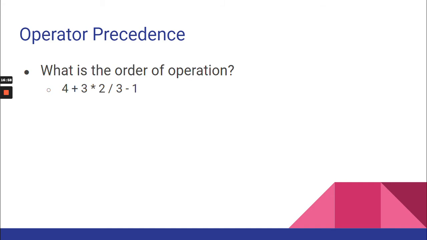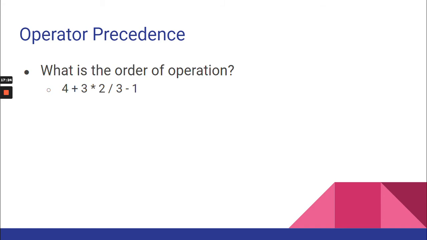Parentheses, exponents, multiplication, division, addition, subtraction. So in this case, we're going to do multiplication and division first. So we'll do 6 divided by 3 is 2. 4 plus 2, 6 minus 1 is 5.